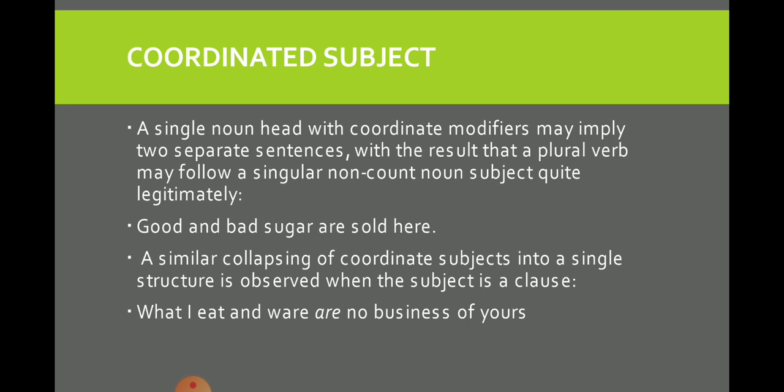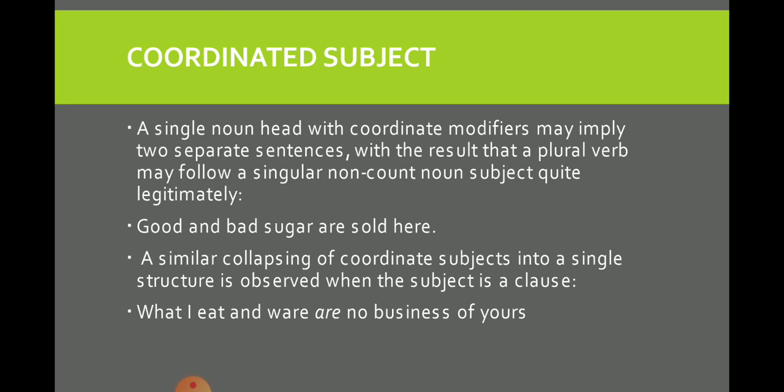Here in this sentence, we have the head noun of the subject, which is the word sugar. And we have two adjectives talking about this noun, which are good and bad.